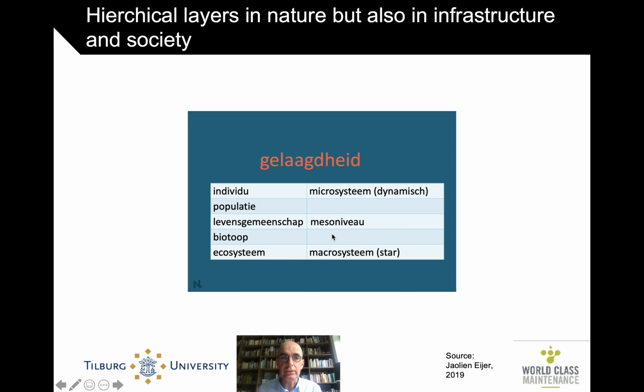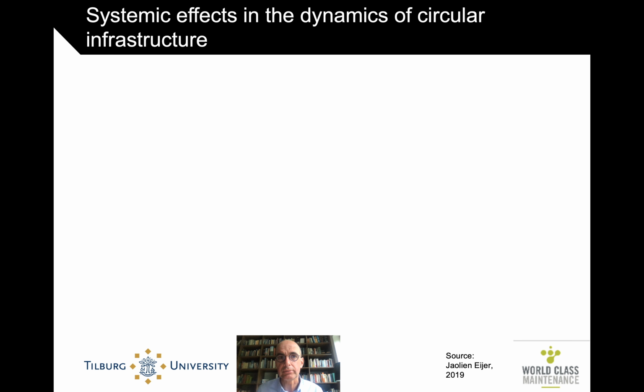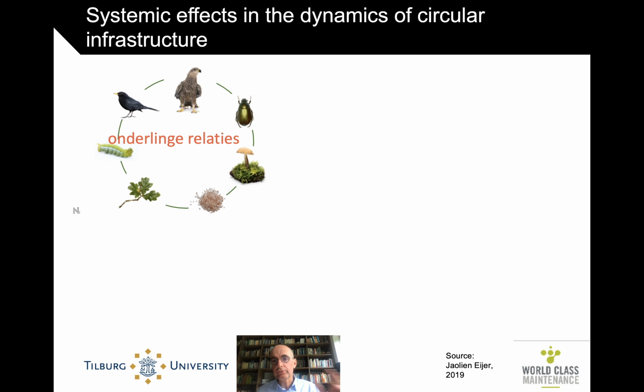Now, these layers are also there at the level of the city, at the level of the physical infrastructure. There also you have an individual, an area, a city, and a country. And again, there is this difference between the fluidity, you could almost say, of the micro level versus the rigidity of the macro system. So there is the hierarchy, but there's also again the dynamics, the feedback loops. There are the relations again.